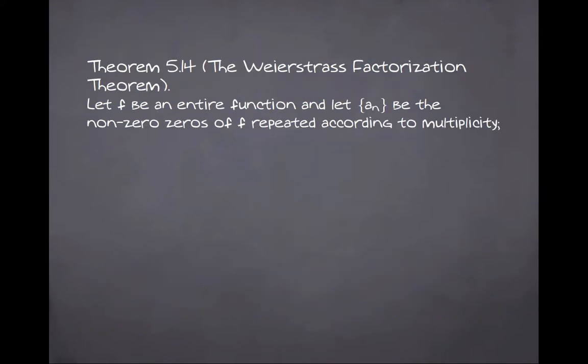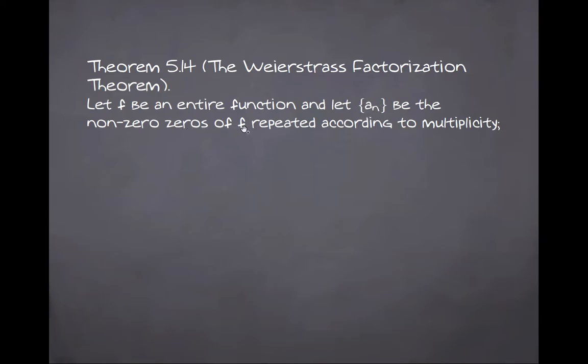So let us go through the statement first. Weierstrass factorization theorem: suppose f is an entire function, and let a_n be the non-zero zeros of f, repeated according to multiplicity. Don't get confused by this 'non-zero zeros'. What does this mean? f is an entire function and a_n is a sequence of zeros of f, so f of a_n is 0, but no a_n is 0.